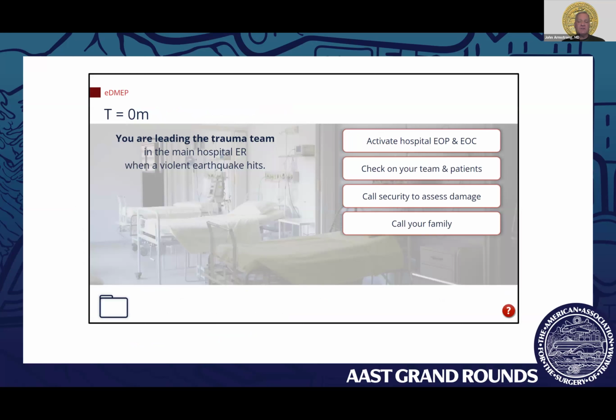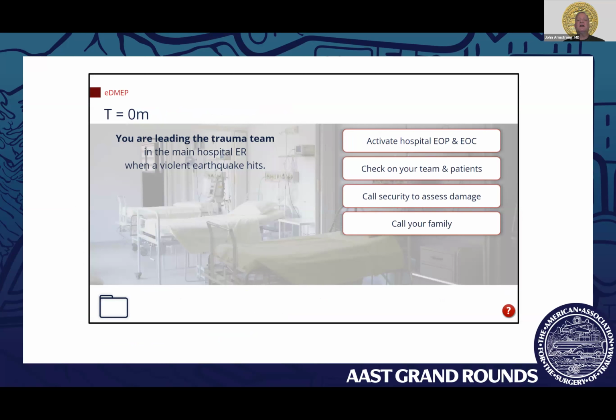The innovative exercise with response is a simulated earthquake. In the actual event, this screen would be shaking. And what E-DMEP does is to take the learner through the actions required for effective response.